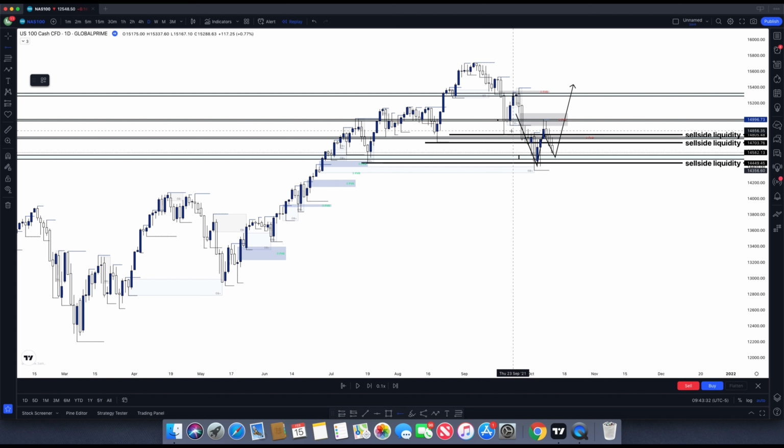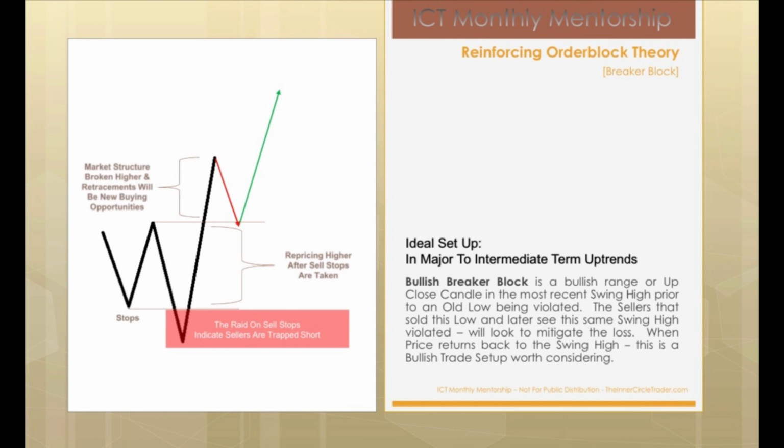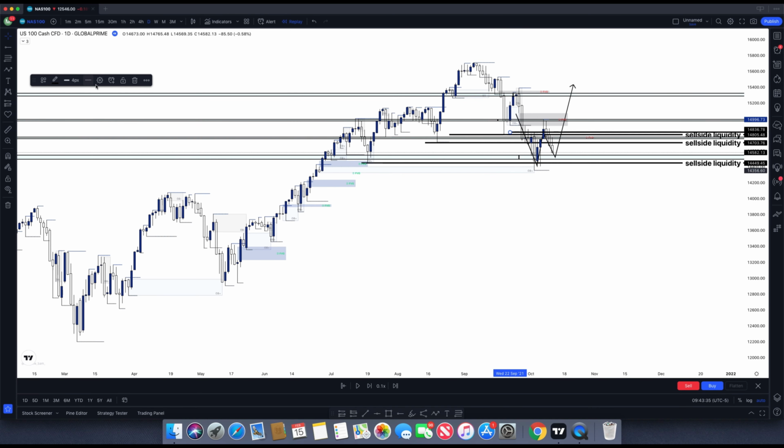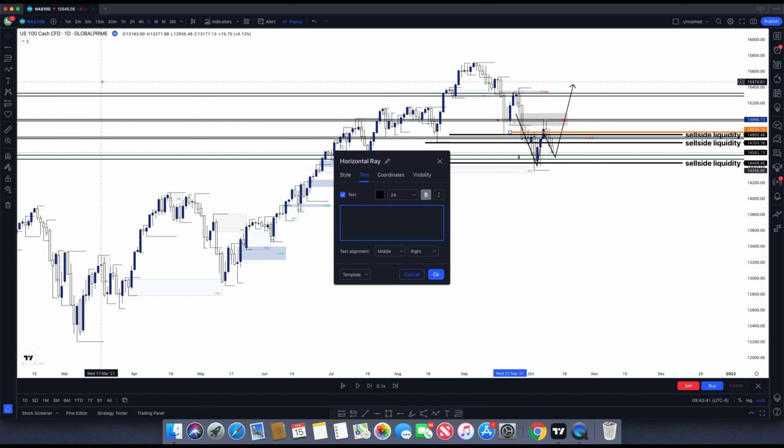And I'll add in the notes what a bullish breaker looks like. Let's make this line orange. This is a bullish breaker.